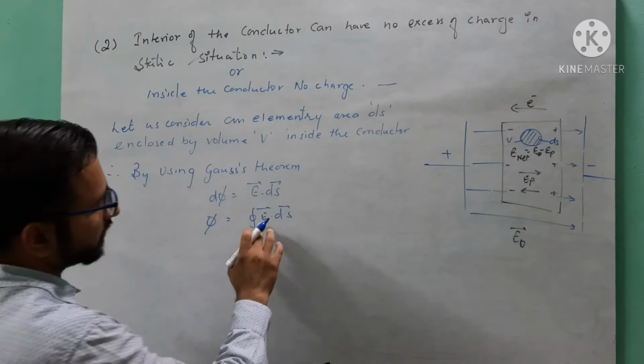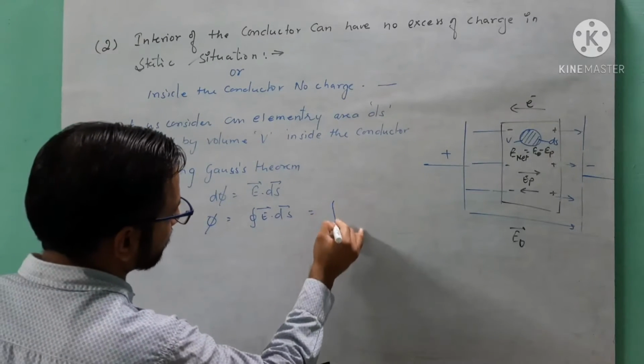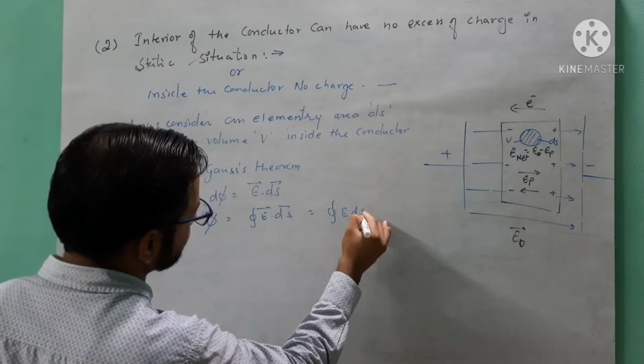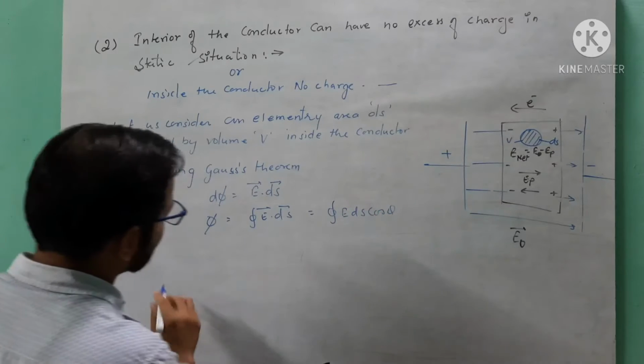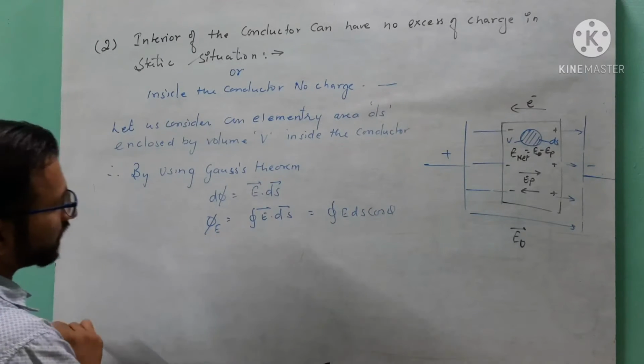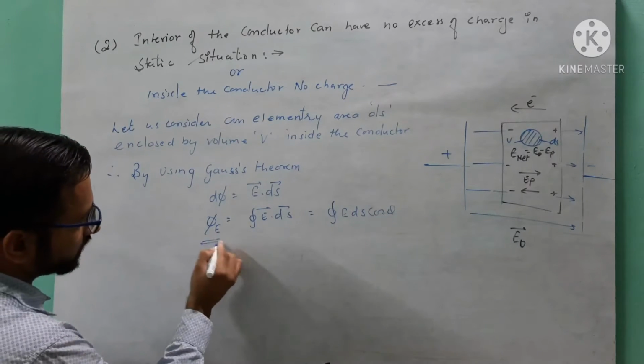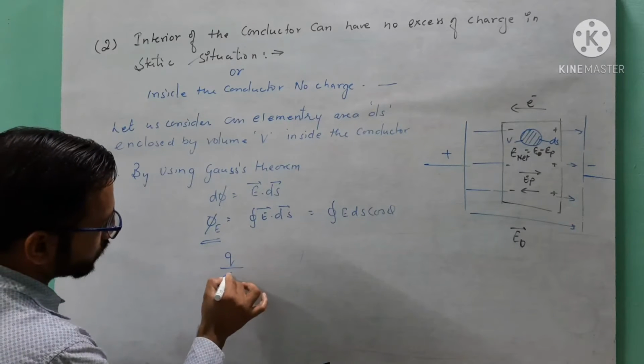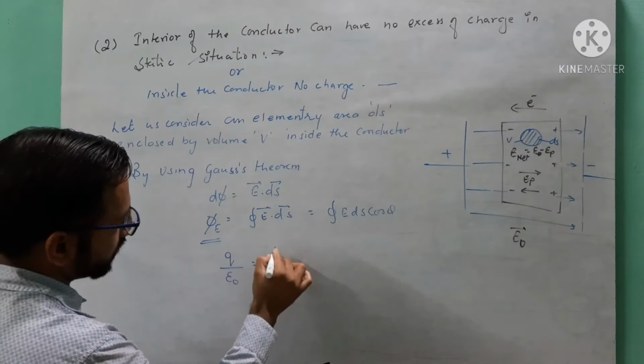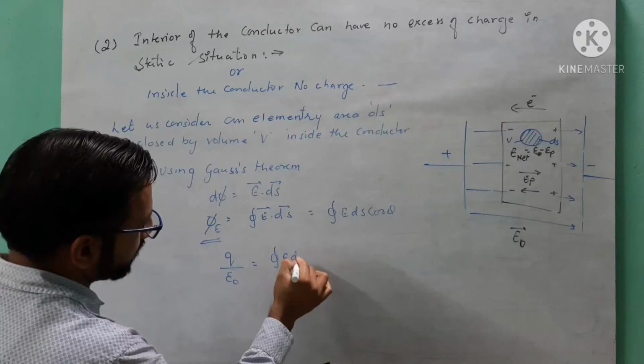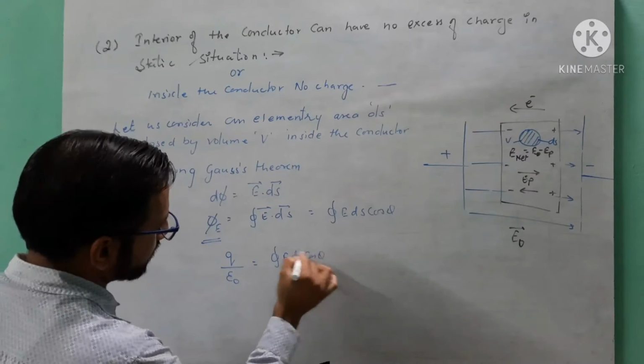E dot ds means E ds cos theta. By the Gauss theorem, phi E is equal to Q over epsilon naught, which is equal to the integral of E ds cos theta.